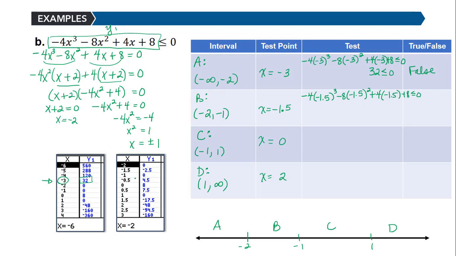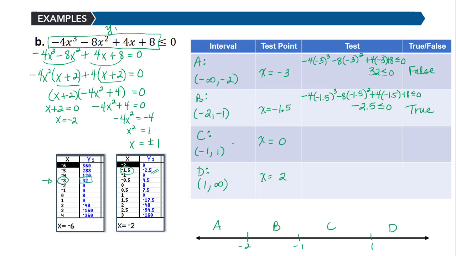Well, to plug in negative 1.5 on your calculator and see it in the table, you would have to change your table setup so that your table starts at negative 2 and the change in your table is 0.5. And so whenever I did that at negative 1.5, I see an output value of negative 2.5. So is negative 2.5 less than or equal to 0? Yes, because that output value is negative there.